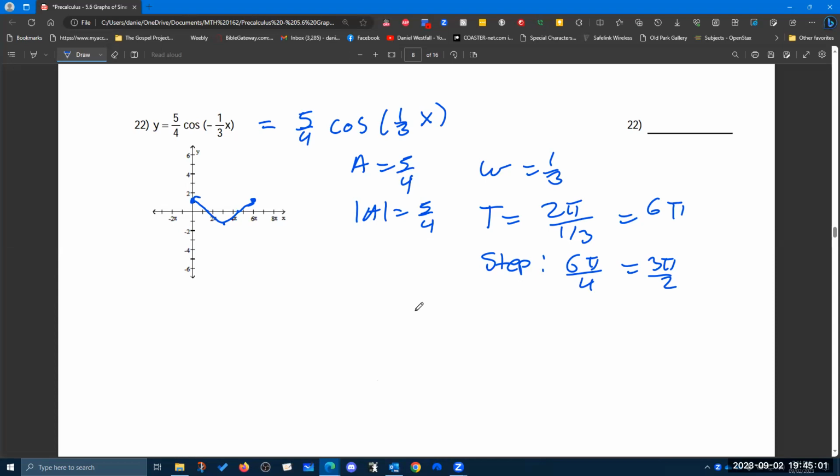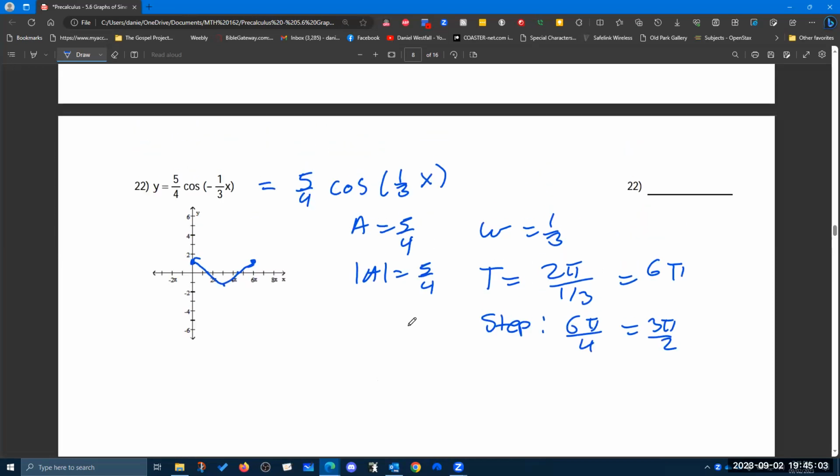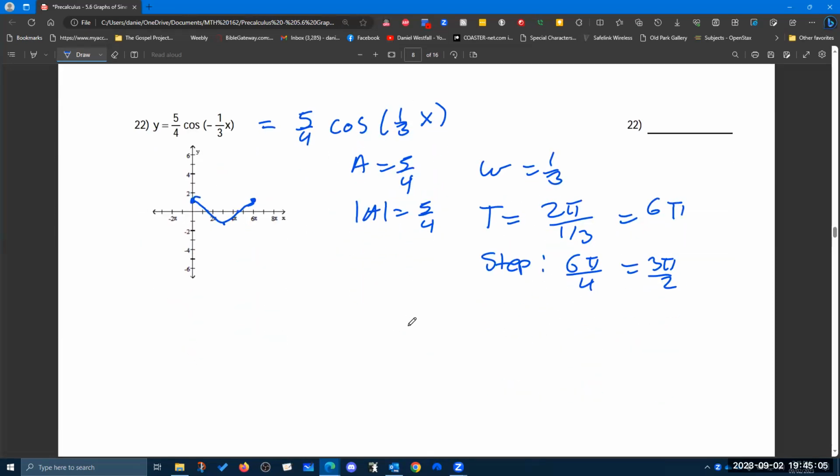But this is the end of our material for 5.6. We'll come back next time and we'll start graphing some graphs of tangent and cotangent. And so I'll see you for those videos.